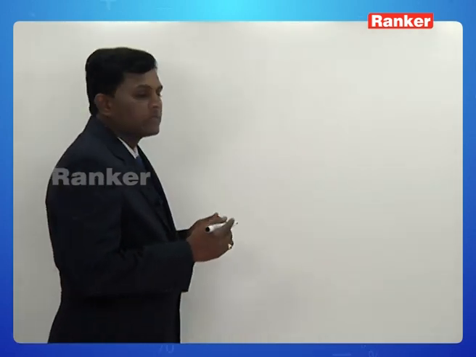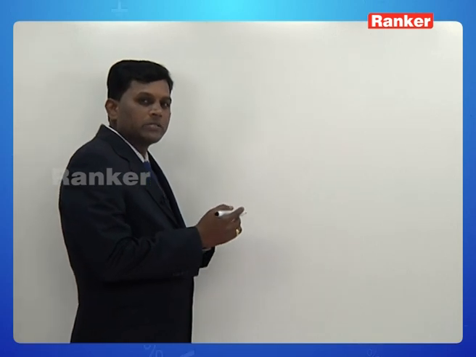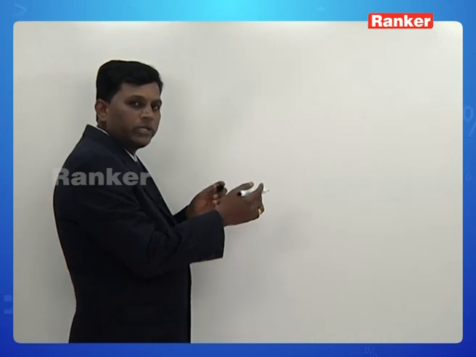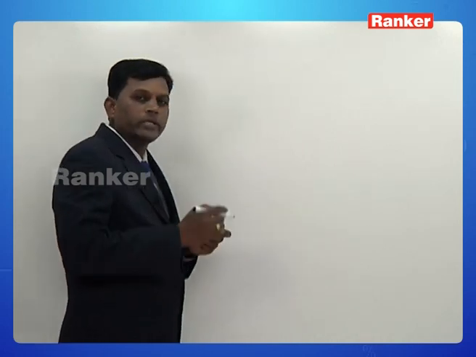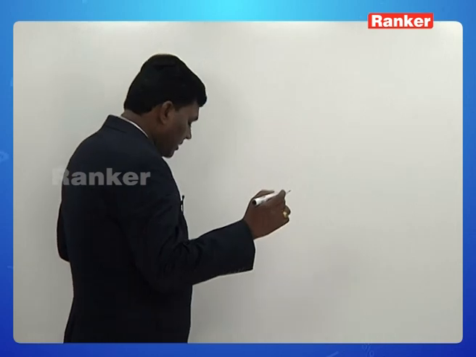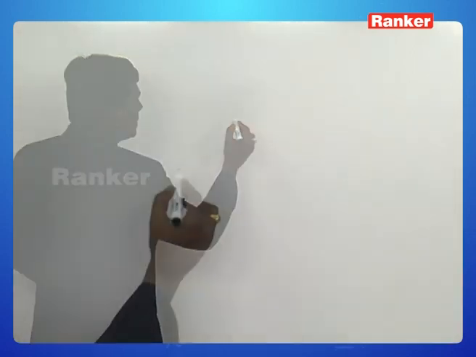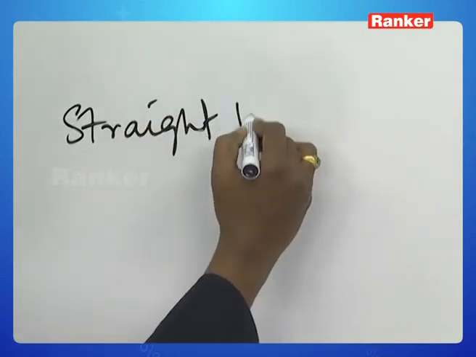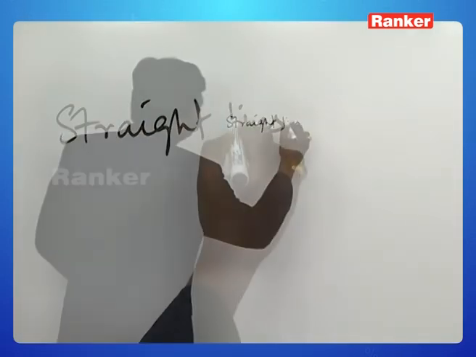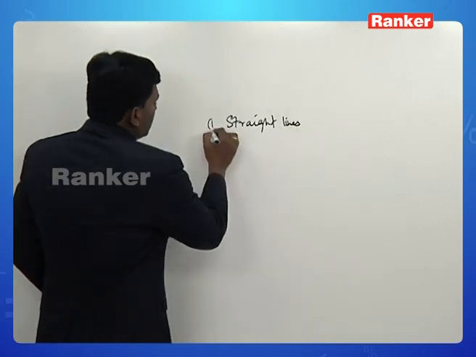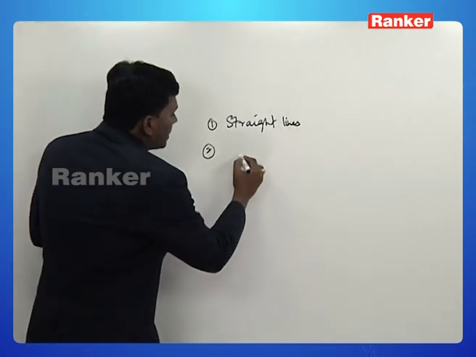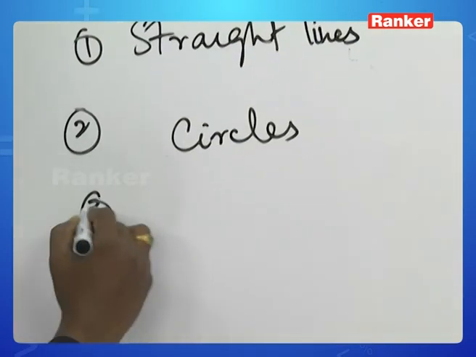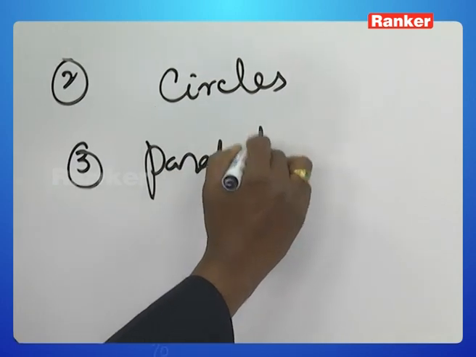Here, if we analyze the overall plus 1 plus 2 topics, what we are going to cover, have a brief look today before entering into the chapters. In complete plus 1 plus 2, we are going to analyze straight lines, one more important part is circles. After that, we can also analyze the parabola chapter.